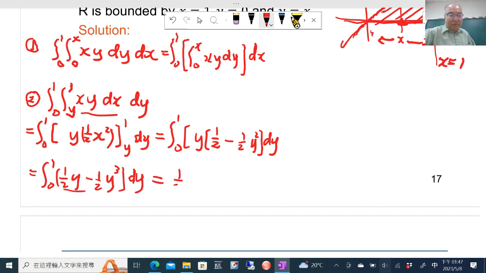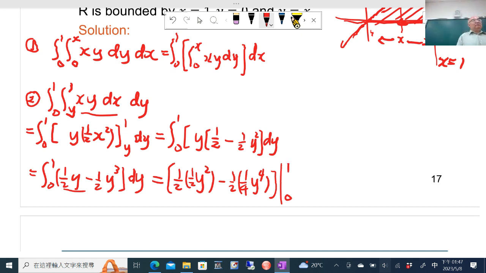So 1/2 is coefficient, and y squared 1/2 minus by 1/2 y to the power 4 1/4, and evaluate from 0 to 1.